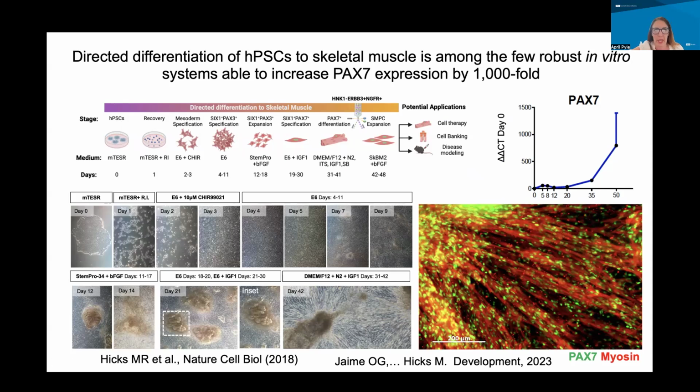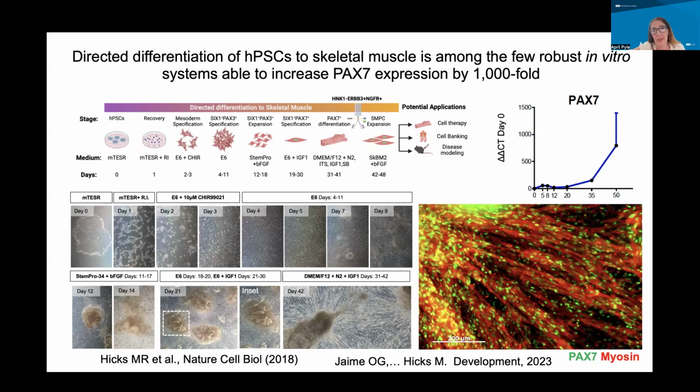We can talk about 3D if anybody's interested, but most of the studies that we've done have been 2D directed differentiation. These are the colonies that we start with, and then essentially we dissociate the cells in this process. In any directed differentiation strategy, the first 2 to 4 days are really critical.